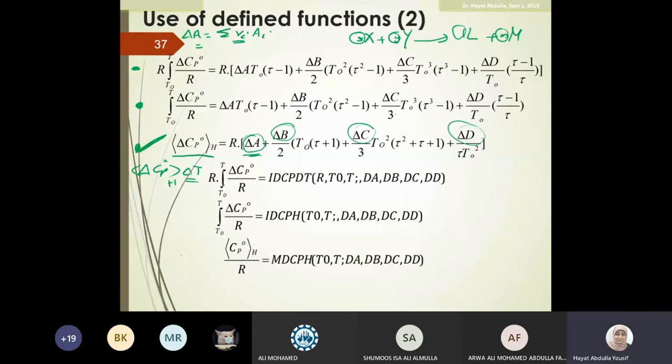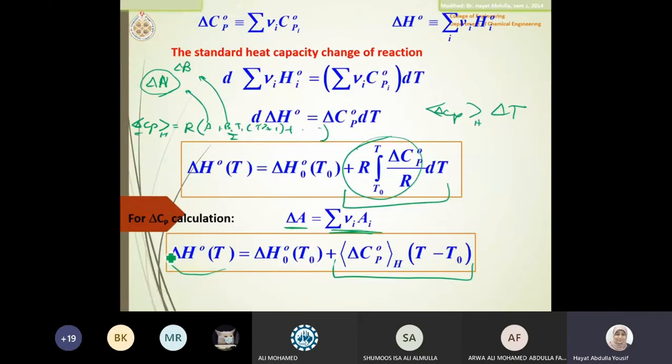So that summarizes how I can get the delta H at a temperature that is not 298. We have to find it at 298, then correct it by adding an additional term. And just to have this thermodynamic meaning, you need to understand what's happening here.